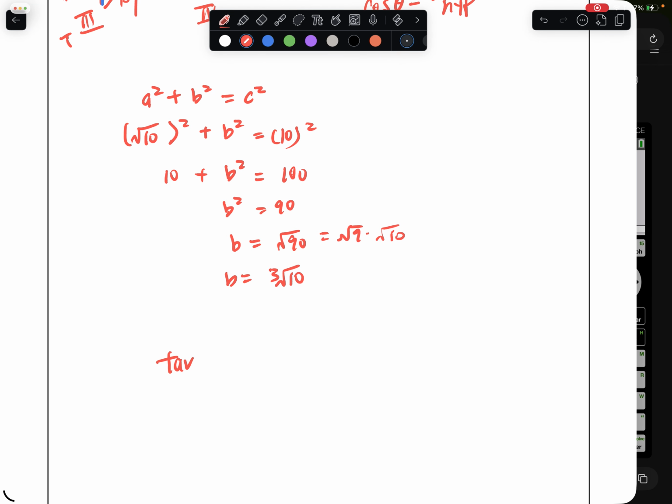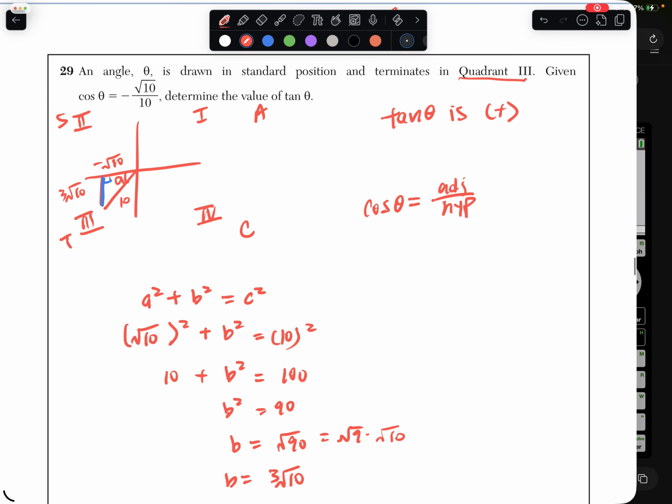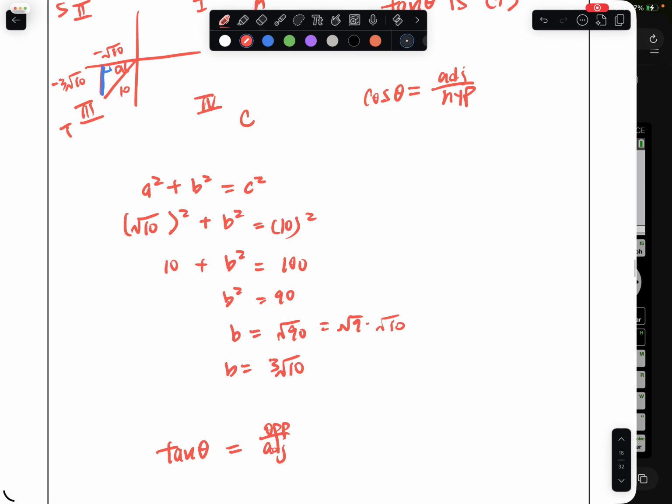Recall tangent of theta is equal to opposite over adjacent. Oh, this will be negative, by the way. I'm going downwards. The Pythagorean theorem gives me the length, but this has to be negative.